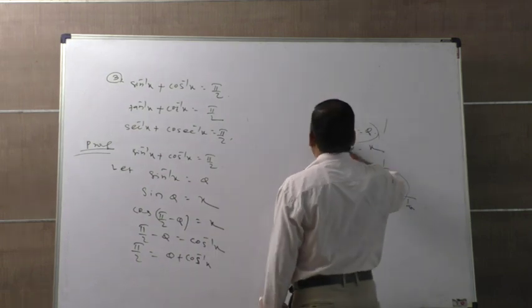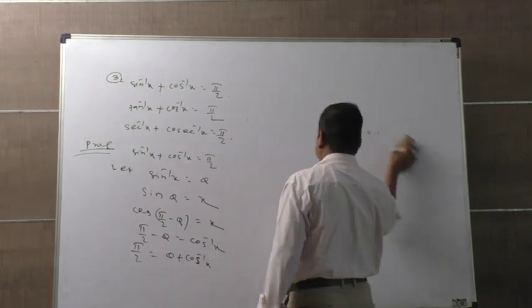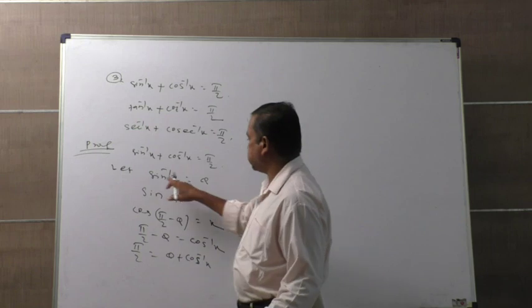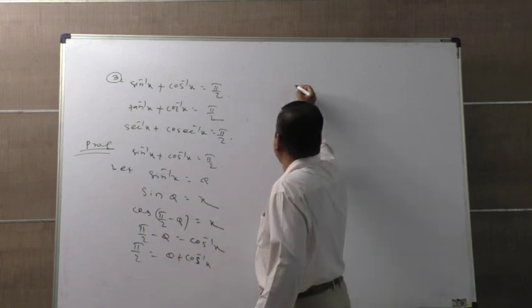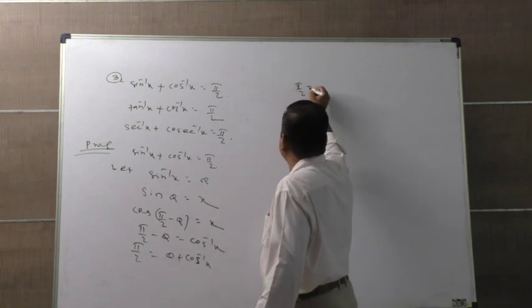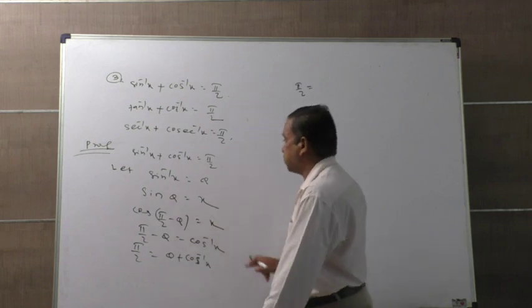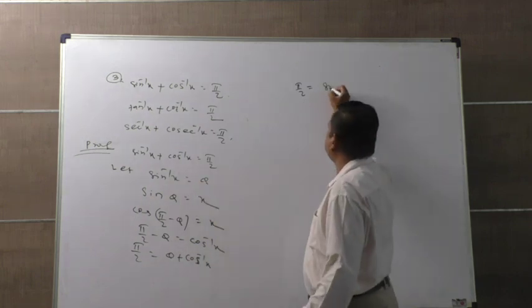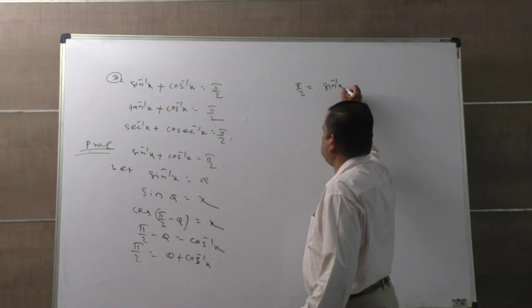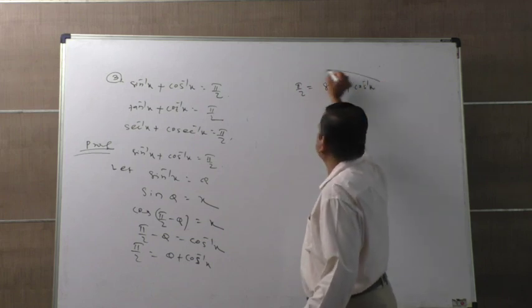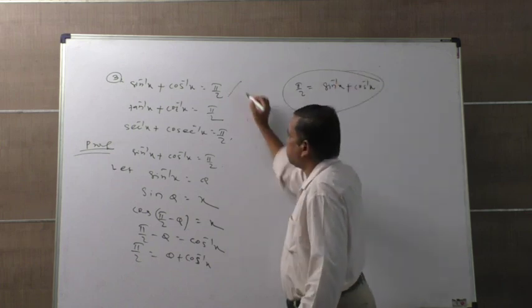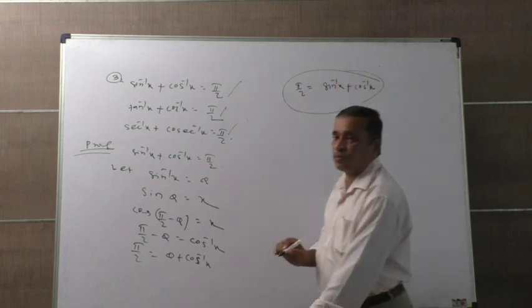We have taken theta as sin inverse x. So pi by 2 is equal to, in place of theta putting sin inverse x, sin inverse x plus cos inverse x. This proves the first. Similarly, the other two we can prove.